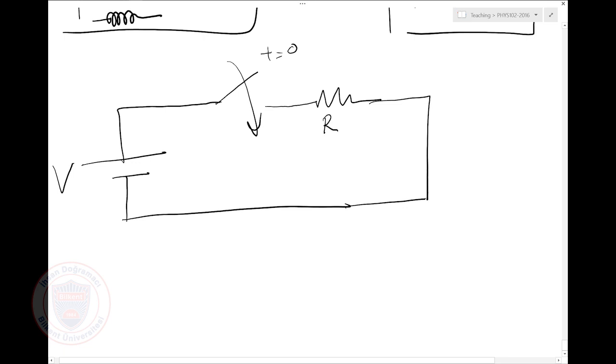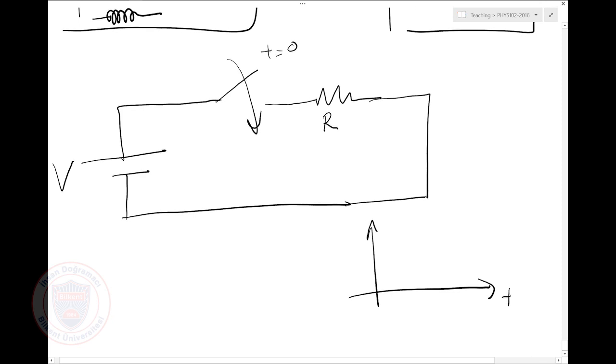Now, if there is no inductor in the circuit, what would the current running through the system look like as a function of time? Before the switch is closed, current is 0. And after I close the switch, current will start running.